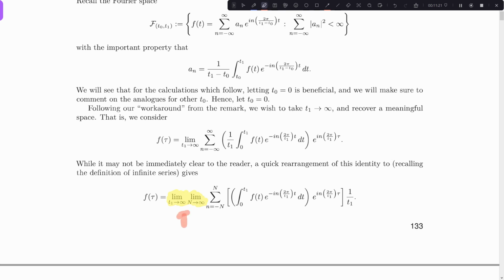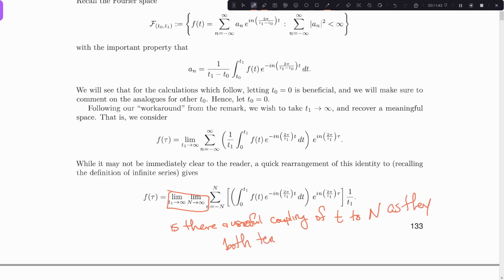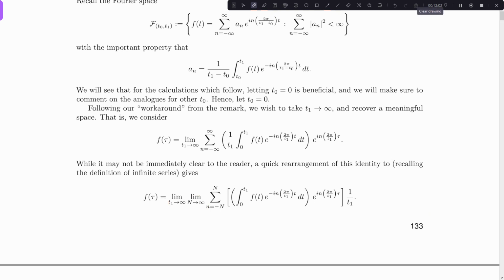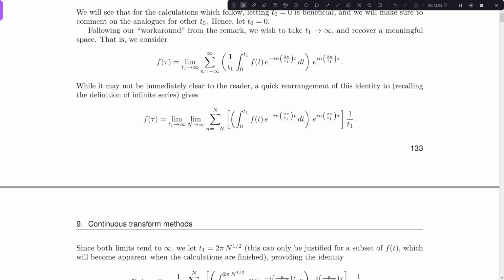Maybe this is a question I ask: is there a useful coupling of t to n as they both tend to infinity? Is there maybe a direction? In some sense, I can think about it as a two-dimensional space where I'm heading out to infinity in the upper right quadrant. Is there a direction in that quadrant where I can gain more useful knowledge? And the answer is yes.